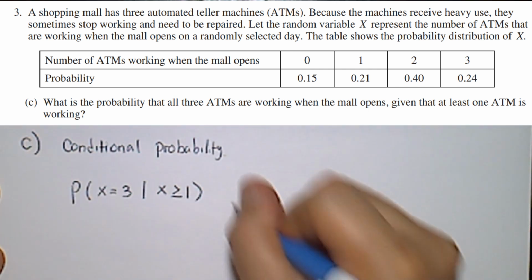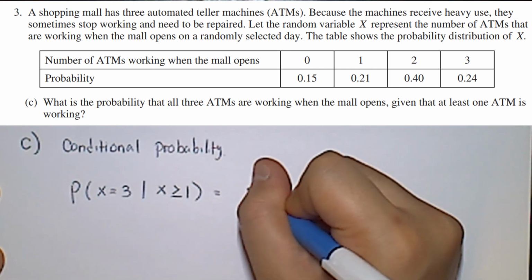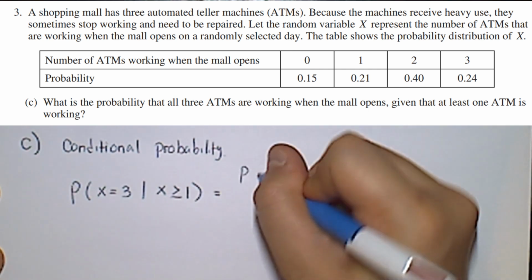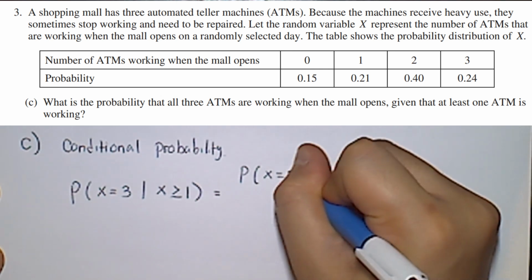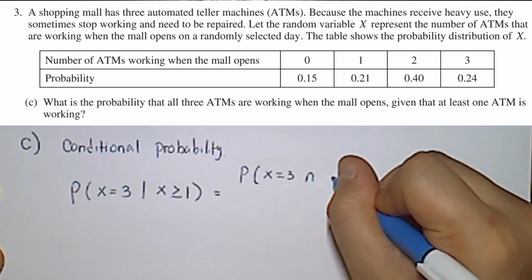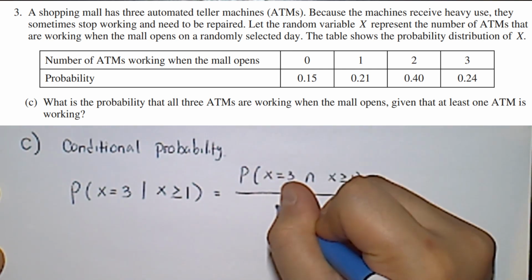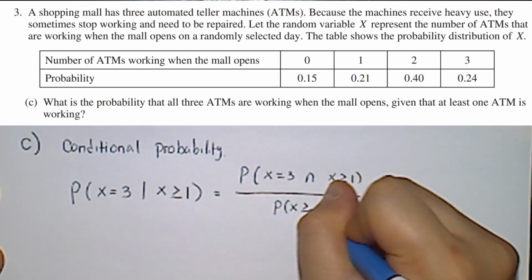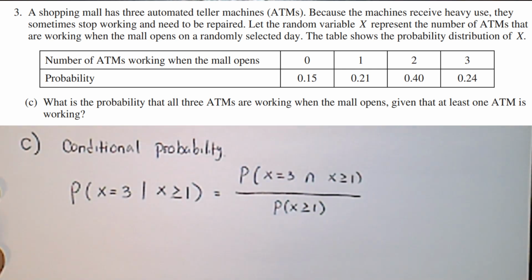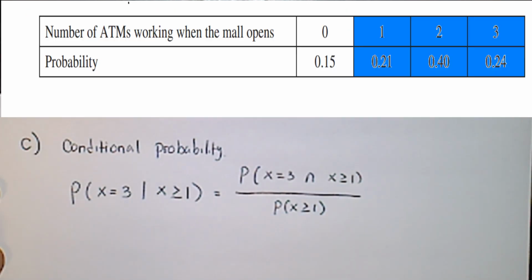So this is equal to the probability of x equal to 3 intersecting with x greater than or equal to 1, over the probability of x greater than or equal to 1. If you think about the probability of x equal to 3 intersecting with x greater than or equal to 1, you can see that the probability of x greater than or equal to 1 is in blue.